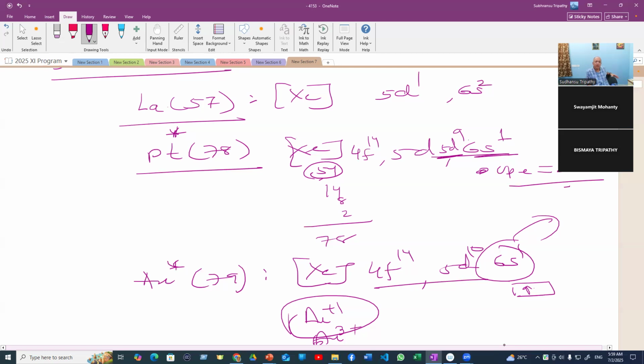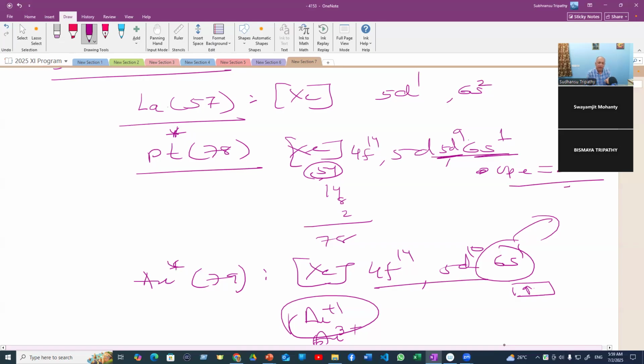For example, lanthanum doesn't show any variable valency. Lanthanum, La, as Swayam pointed out, shows only the plus 3 state. So later on we will see that lanthanum is not regarded as a true transition metal. It is present in the d block, in the transition block, but it is not a true transition metal.